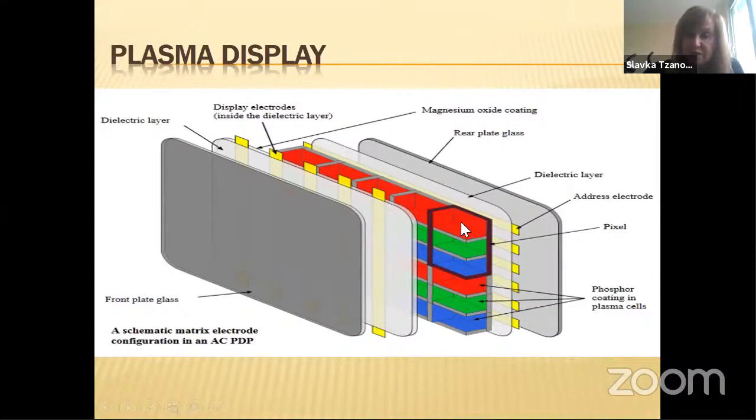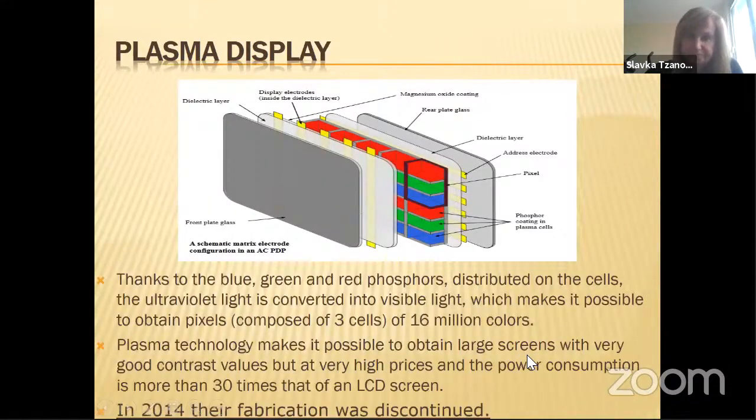The plasma cells were coated by this RGB, which made one pixel. Of course, these cells were filled by gas, this mixture of argon and xenon. So the color we obtained thanks to the blue, green, and red phosphors distributed on cells.